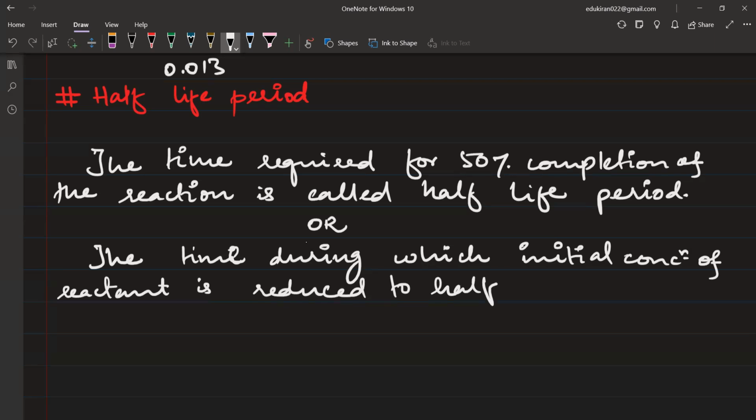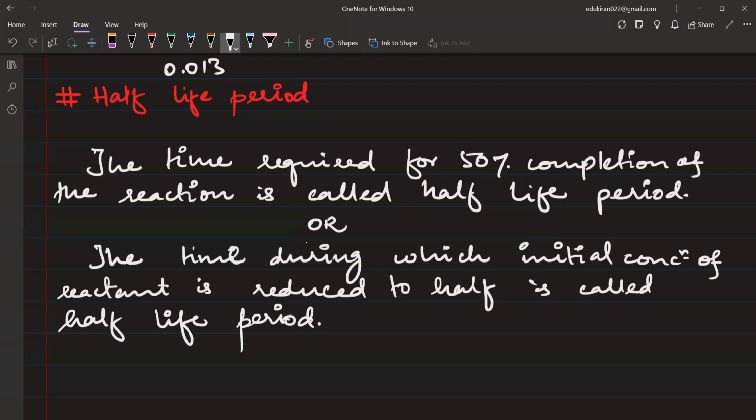That means, for example, if you are starting with 4 molar concentration, then your reactant's concentration becomes 2 molar. So that is known as the half-life period. Now we are going to look at the half-life period of the zero order reaction and also the first order reaction.